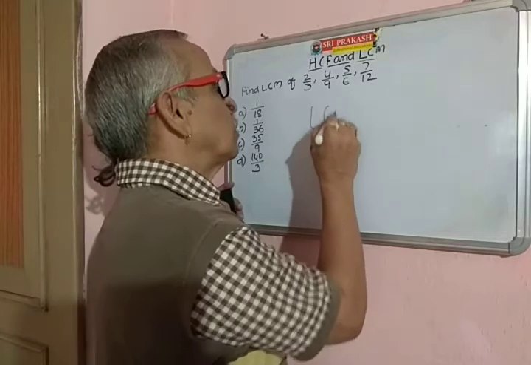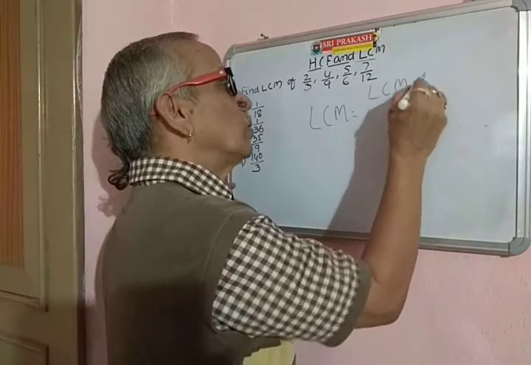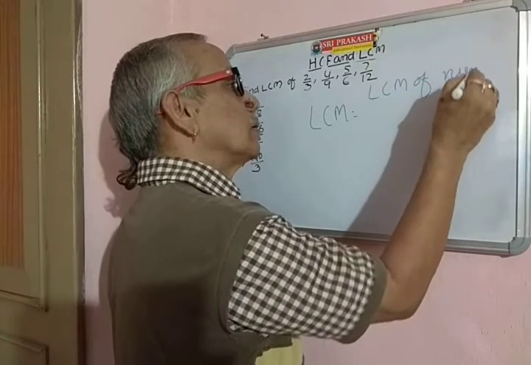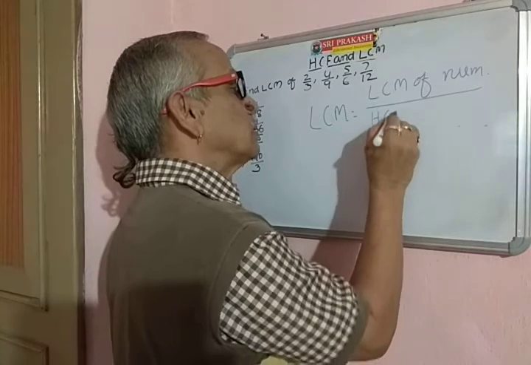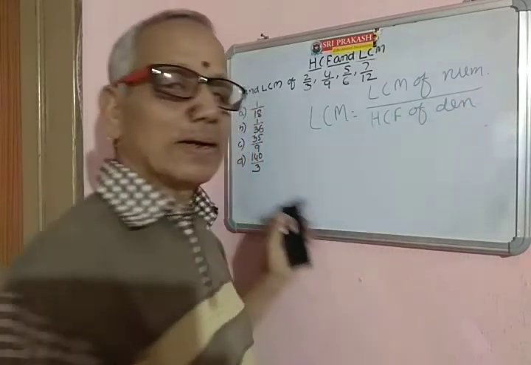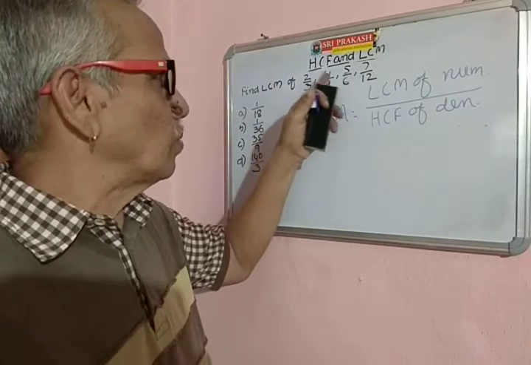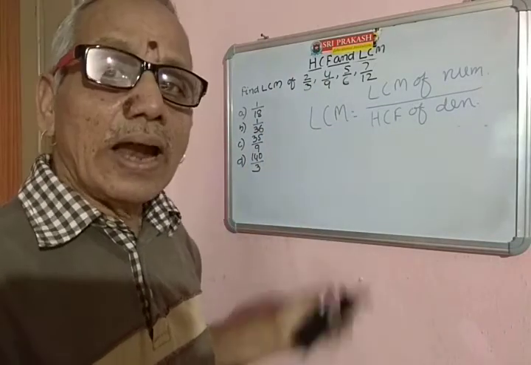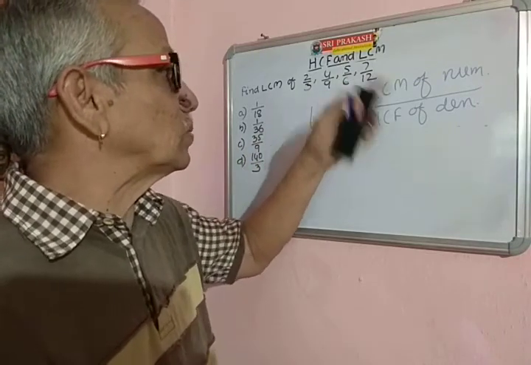LCM is equal to LCM of numerators by HCF of denominators. Clear? So what are your numerators? 2, 4, 5, 7 and denominators 3, 9, 6, 12.